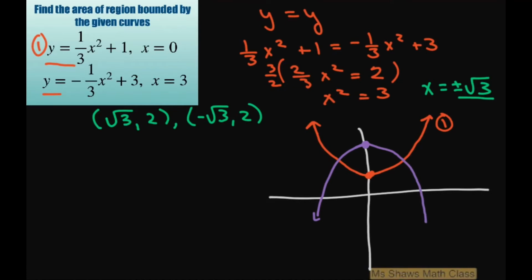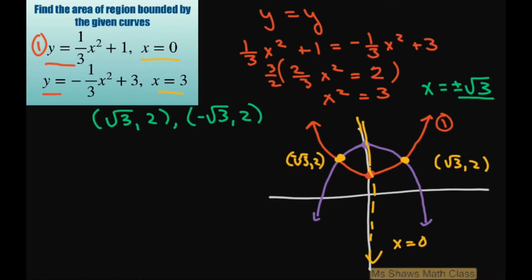All right, so basically, let's look at these two. We're bounded by x equals 0, so this line here is x equals 0, and also x equals 3. These two points here, of course, are my square root of 3, comma 2, and negative square root of 3, comma 2.